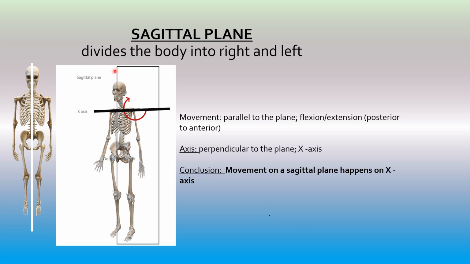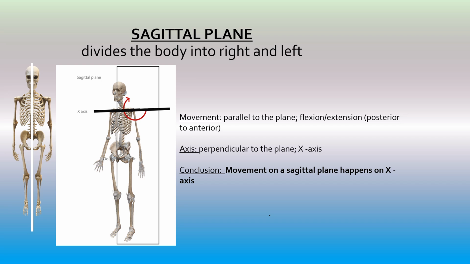Now, if we look at this plane of motion right here, the sagittal plane dividing our body into right and left, and we look at our hinge, which is the medial-lateral axis or x-axis. So x-axes are associated with the sagittal plane.